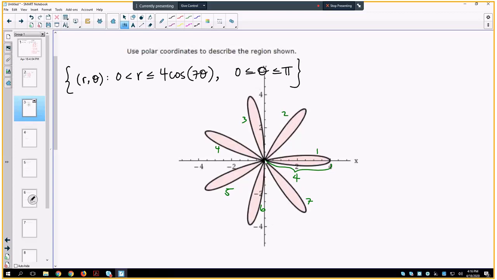So that's just a form that you would maybe memorize and recognize. You just need to know the radius and the number of petals.